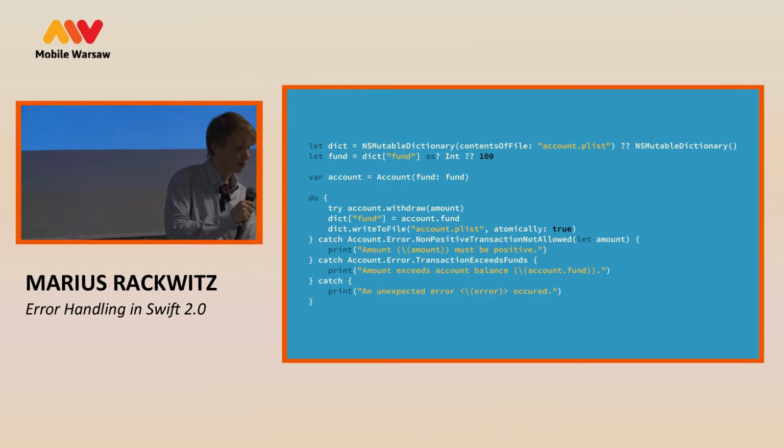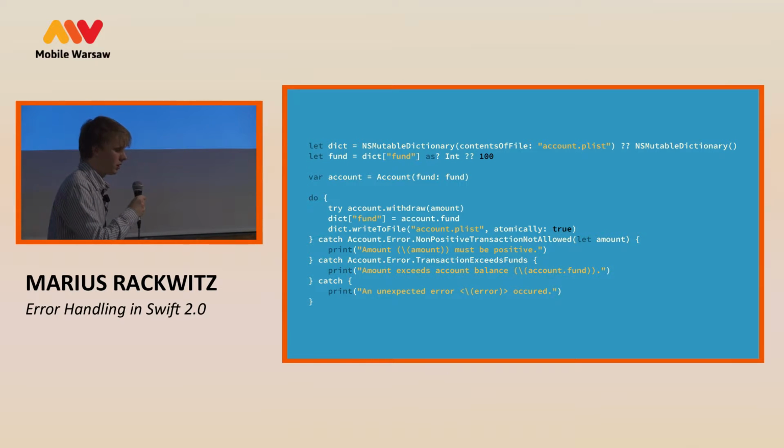And putting it all together, the whole program which now does the real work is some typical task with mutating dictionaries, because it's based on an info plist file, or in that case it's named account plist.